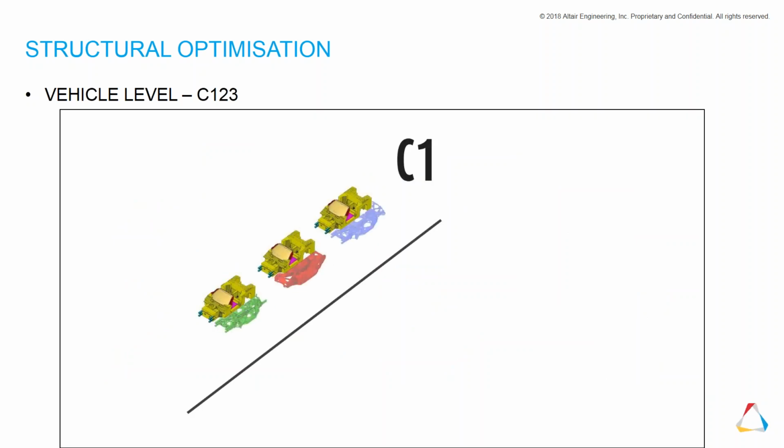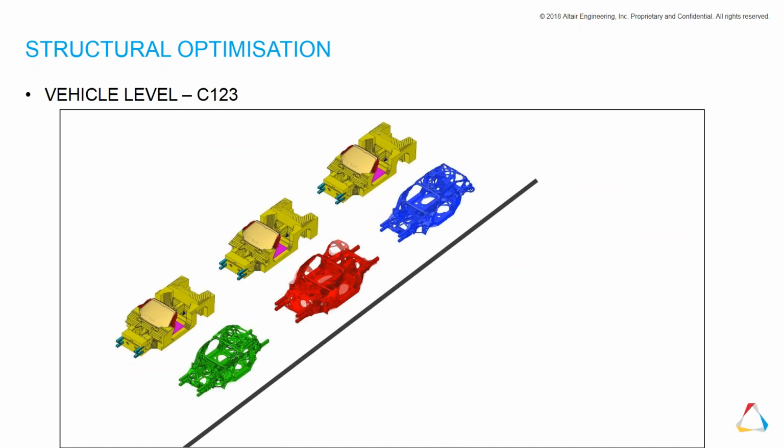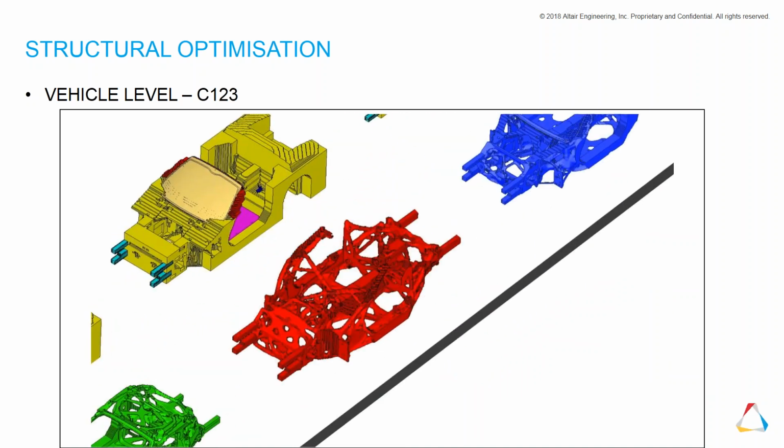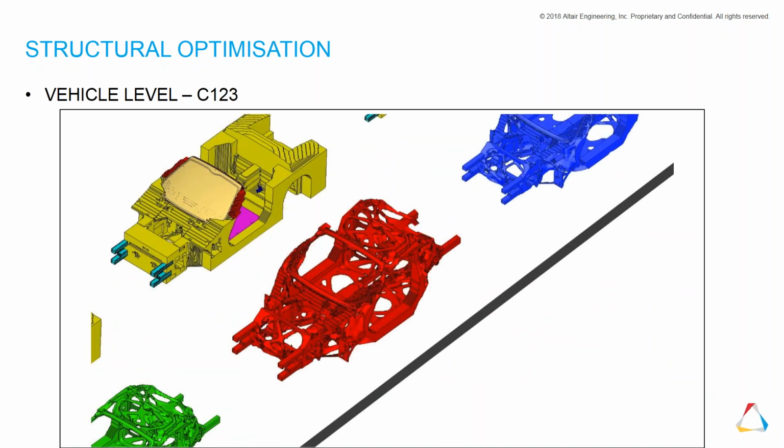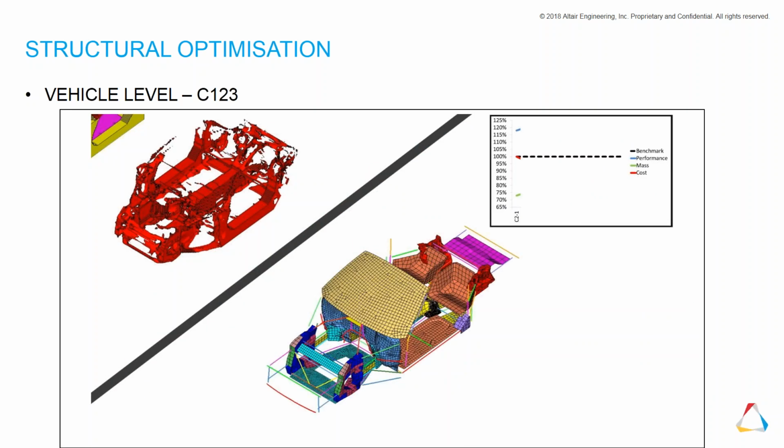So this is a quick video of how this works. We'll take a rough design space and rough loading and run topology optimization with a number of different settings until we come up with a good idea of how the structure should look.